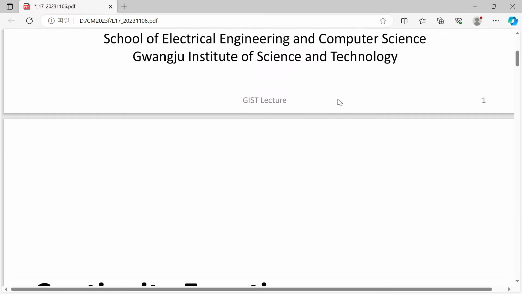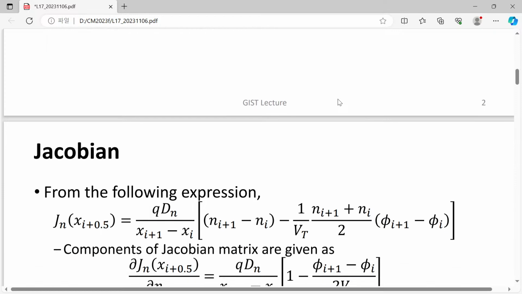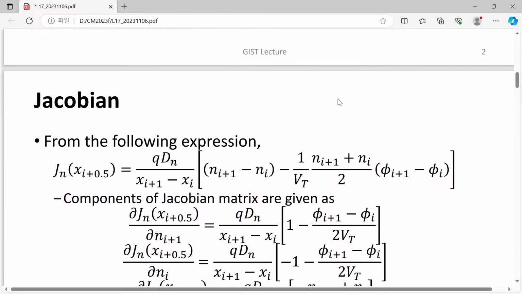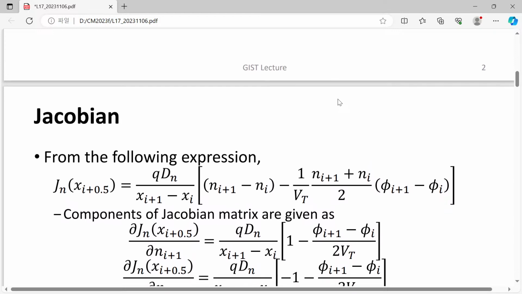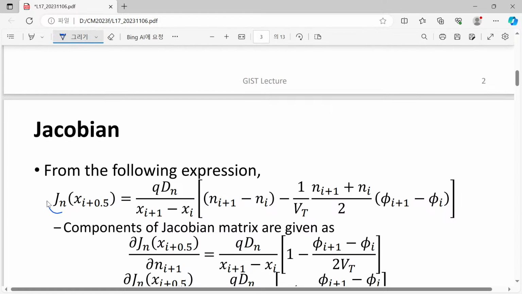Then let me go to the discussion on the continuity equation. Previously we thought about how we can consider the current density. Maybe you remember that we started from this vector quantity, q mu n grad phi.